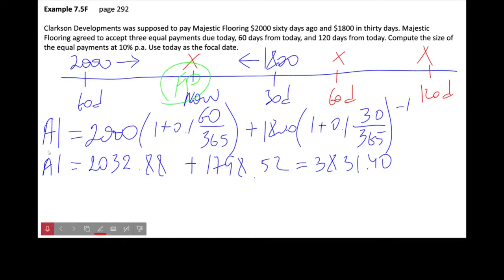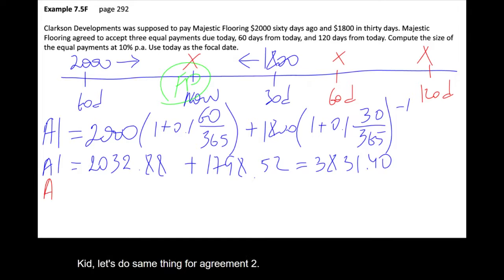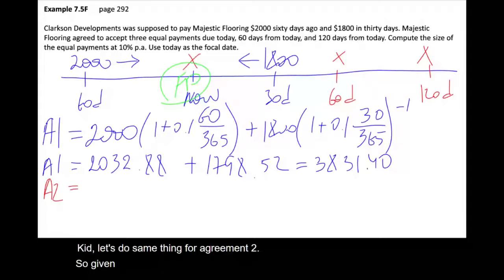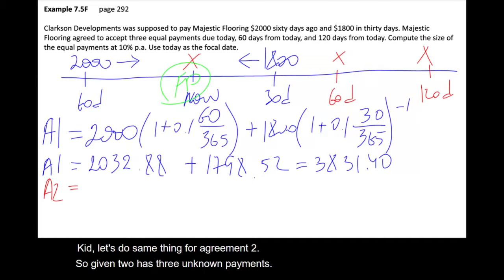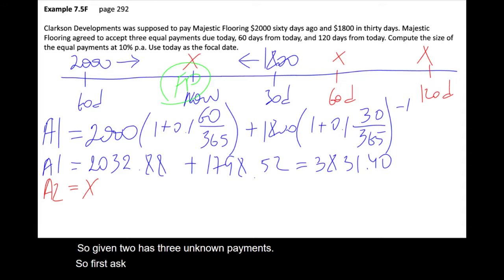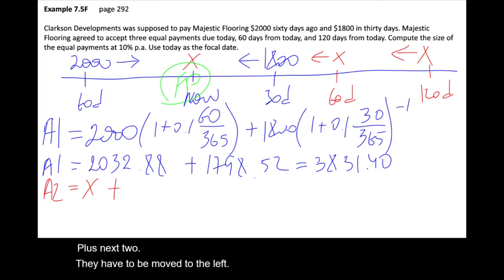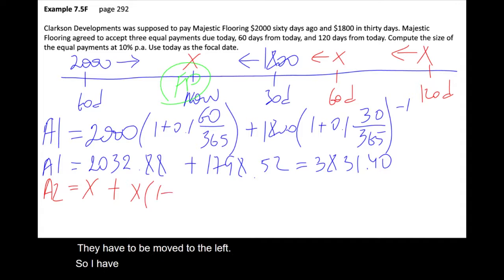Okay, let's do the same thing for agreement 2. So agreement 2 has 3 unknown payments. So first X is already in the focal date, so I use it as is. Plus, the next 2 have to be moved to the left, so I have to use the present value formula.